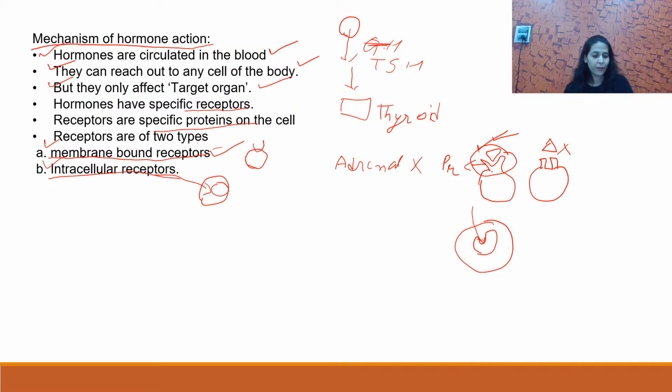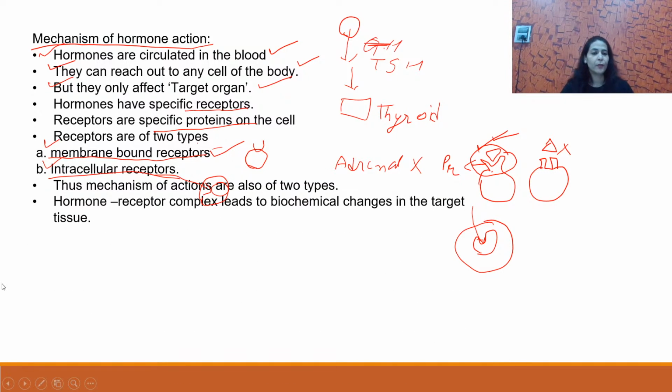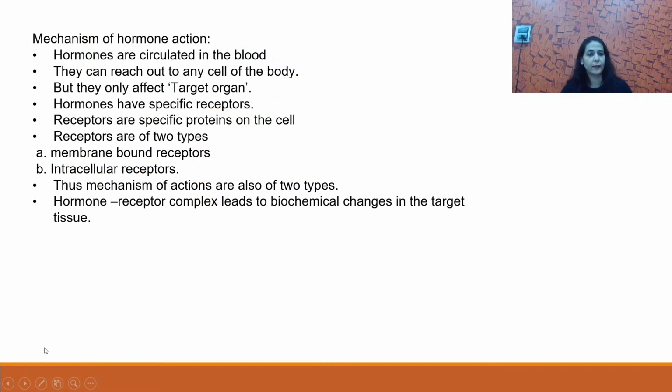Shall we move ahead? We are close to the conclusive part of this topic. So the mechanism of action is also of two types. I'm removing the ink on the slide so that we can see it clearly.